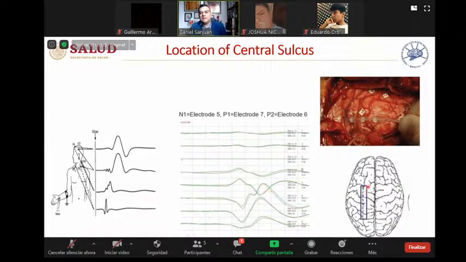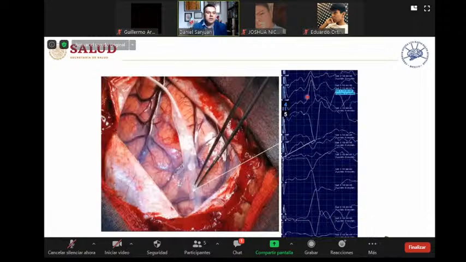No? And you can see the localization of this strip. So now it's possible to decide which is this area, to try to preserve anteriorly the motor area and posteriorly the sensory. So it's also easy to see in this area before the resection using two different montages.